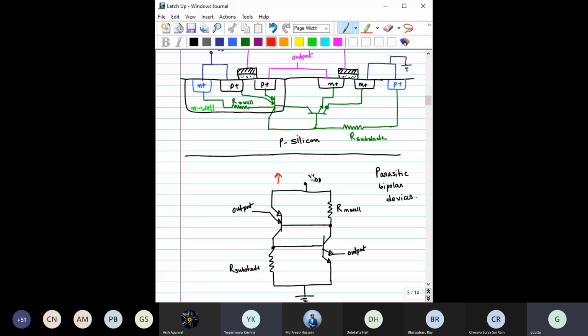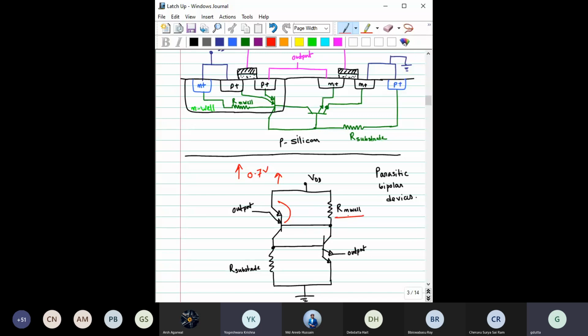There might be a spike in VDD, and say that spike is greater than 0.7 volt. Basically, you have to forward bias this PN junction to switch it on, so there should be a voltage spike greater than this PN junction turn-on voltage, right?